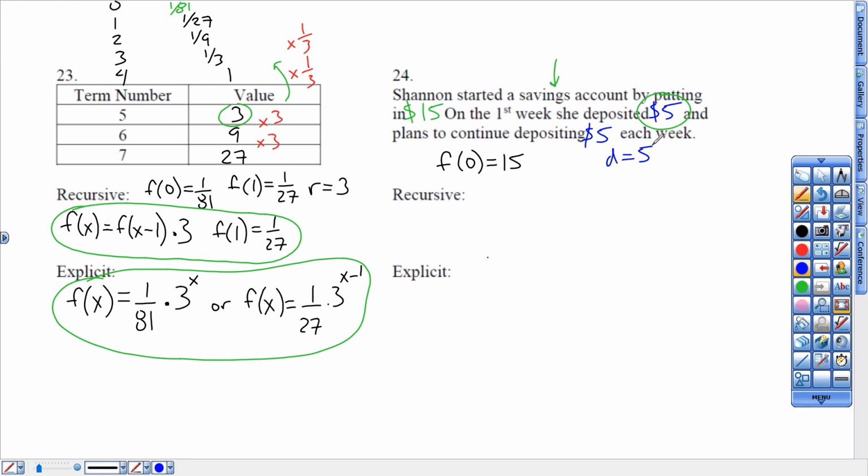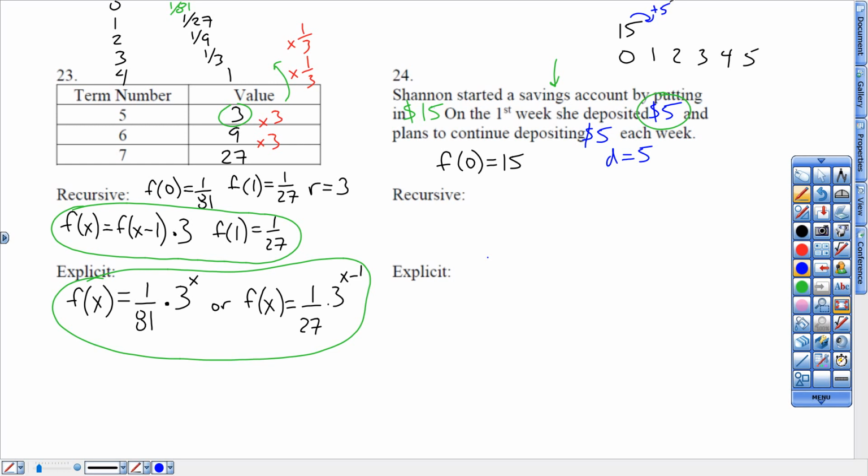So this is a little bit more complicated. So if I have that 0 term 15, maybe some of you might want to write it like this. And then you got your first week, second week, third week, fourth week, fifth week. After 1 week, I'm depositing $5. That is my D number.